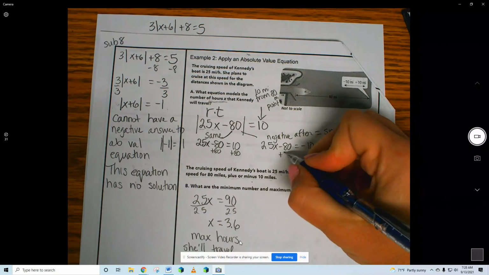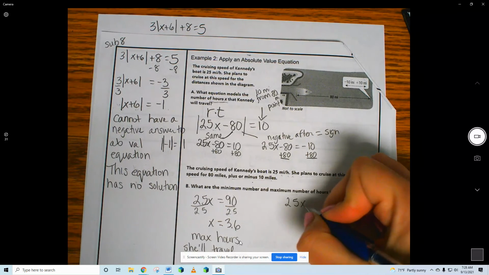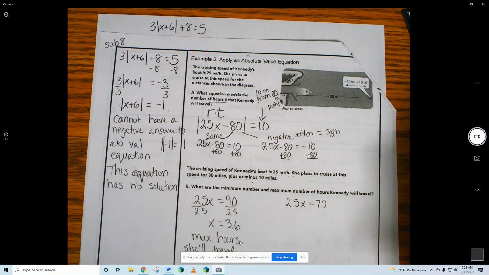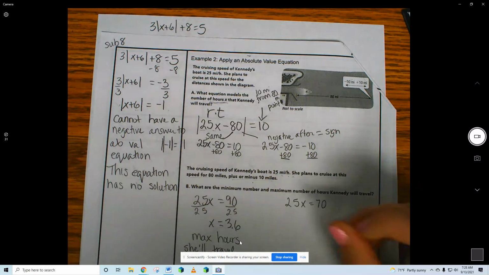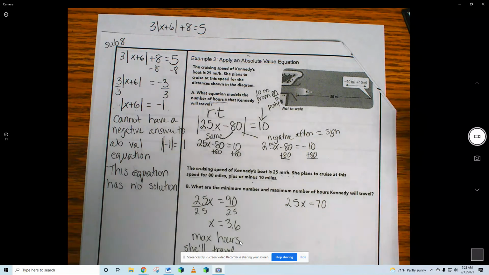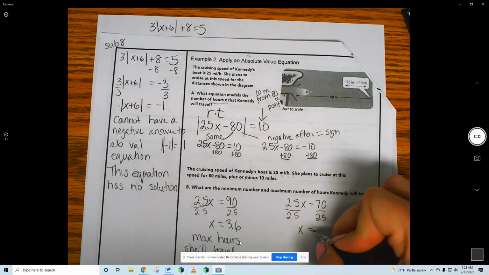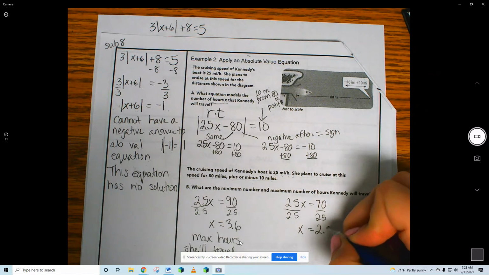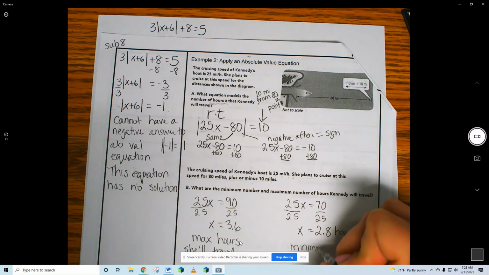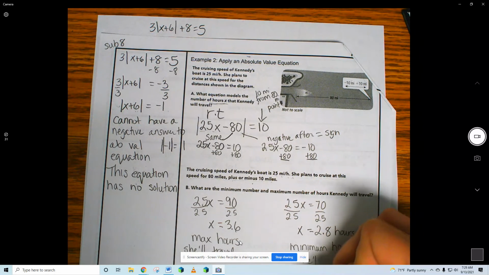This next one, I'll solve. 25x equals 70. So she's only going 70 miles this time. And when I divide, 2.8 hours, this is the minimum hours she'll travel.